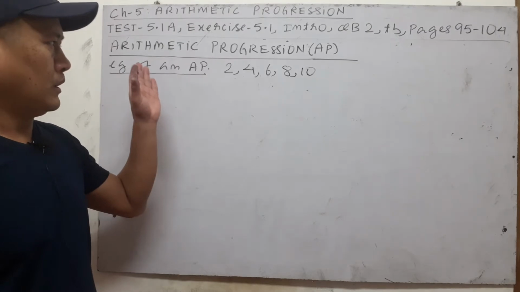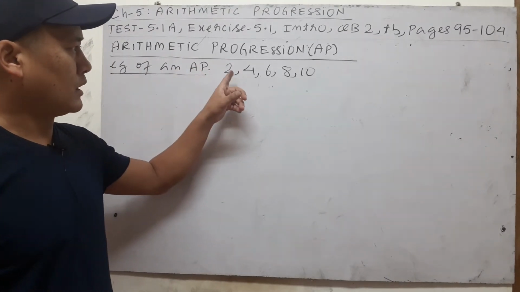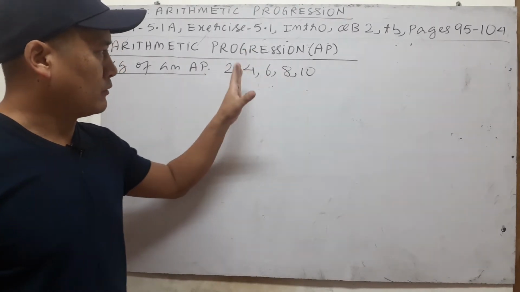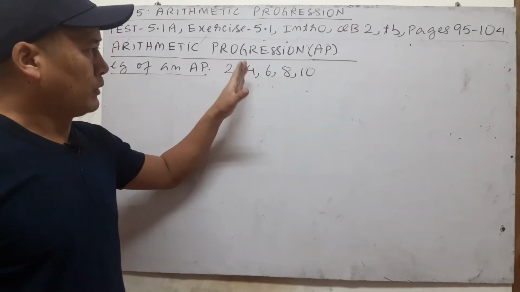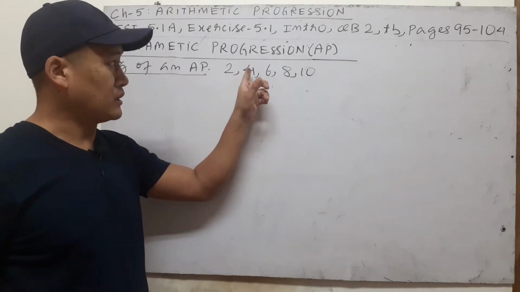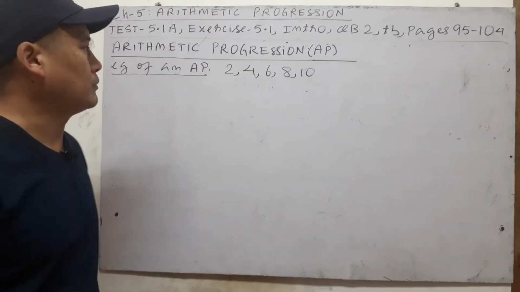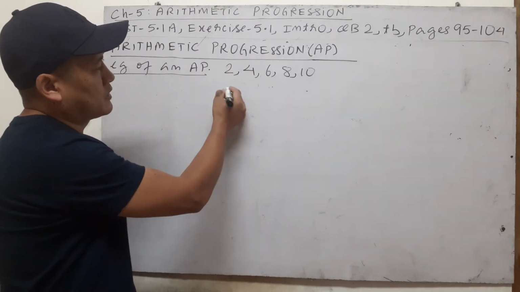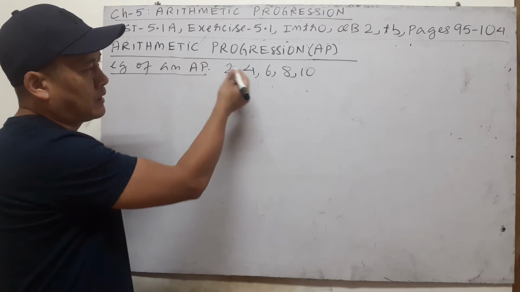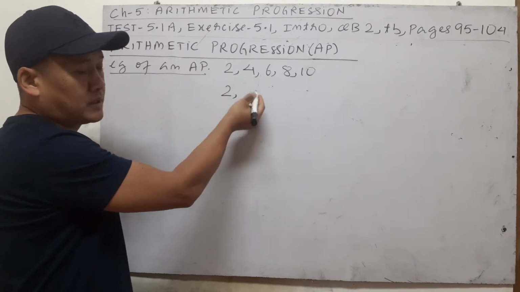So such a progression, arithmetic progression, means a set of numbers in which each term is obtained by adding a fixed number, unchanging, to the preceding term. That means except the first term, the second term is going to be obtained by adding a fixed number to the preceding, the one in front.